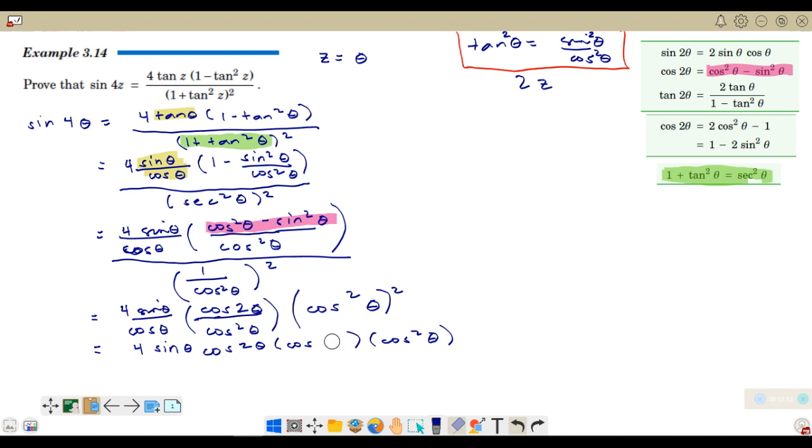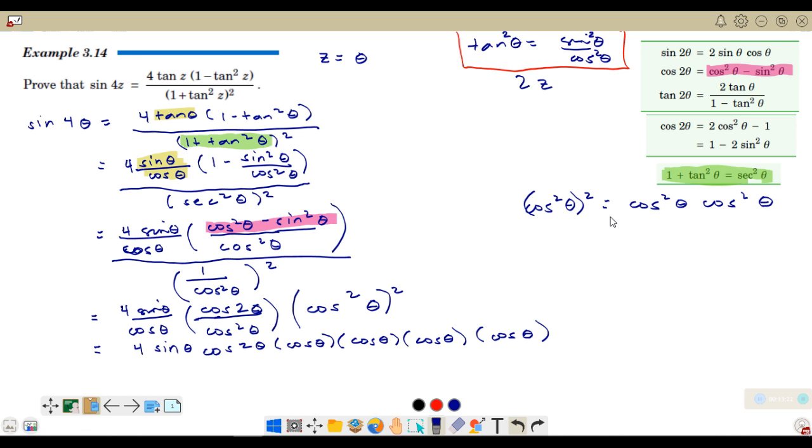So, instead of writing cosine squared theta, pwede mo siyang isulat as cosine theta times cosine theta times cosine theta times cosine theta. Again, cosine squared theta squared is equal to cosine squared theta times cosine squared theta, which is equal to cosine theta, cosine theta. Yan. Equal sila sa isa't isa.